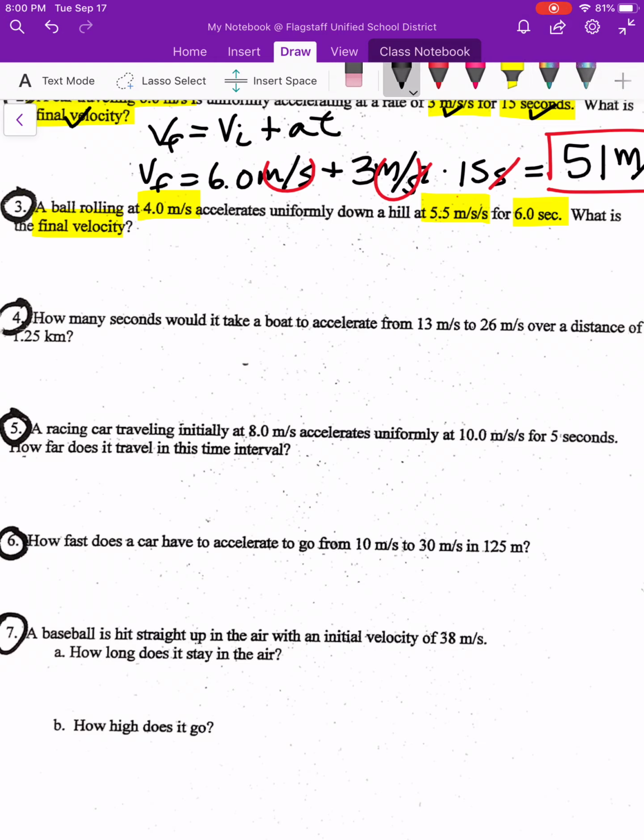Hopefully you guys know what I'm talking about, and we'll just start plugging stuff in and it'll be that easy. So my V initial is 4.0 meters per second plus my acceleration 5.5 meters per second squared for 6.0 seconds.